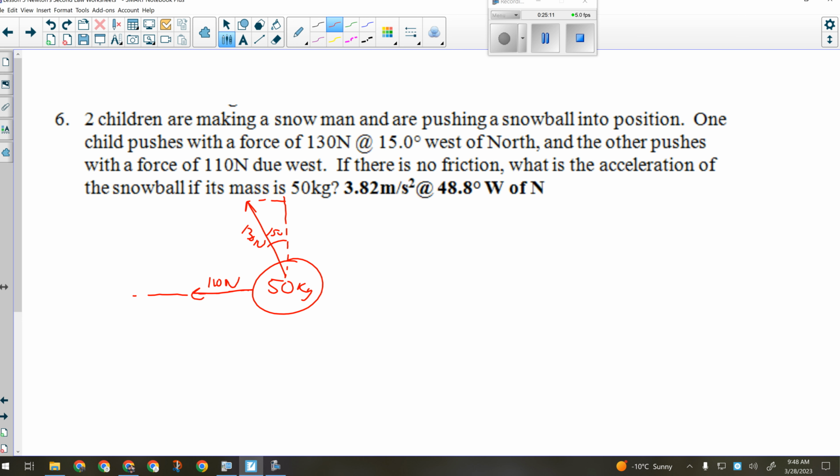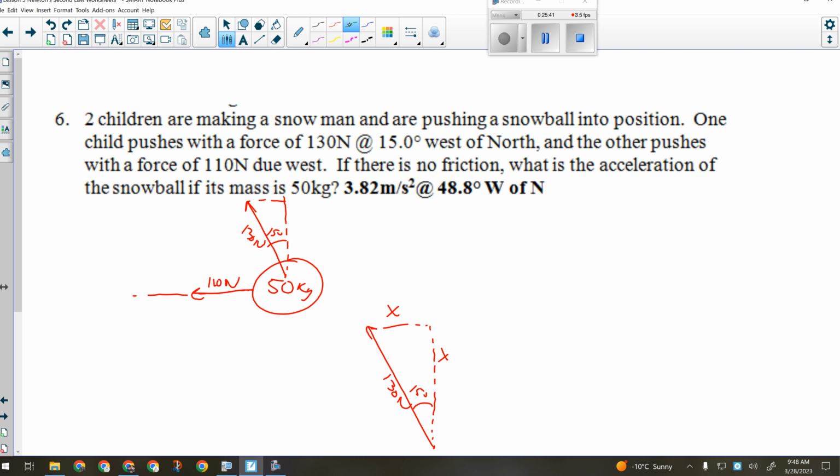Can that get me anywhere other than having identified those two forces? Not really. If I want to find the net force, I have to find the vector sum of these two forces by drawing the vector diagram. So I'm going to take the 130 first, and we'll say that that's 15 degrees. So this will be x, this will be y, and this will be 130 newtons.